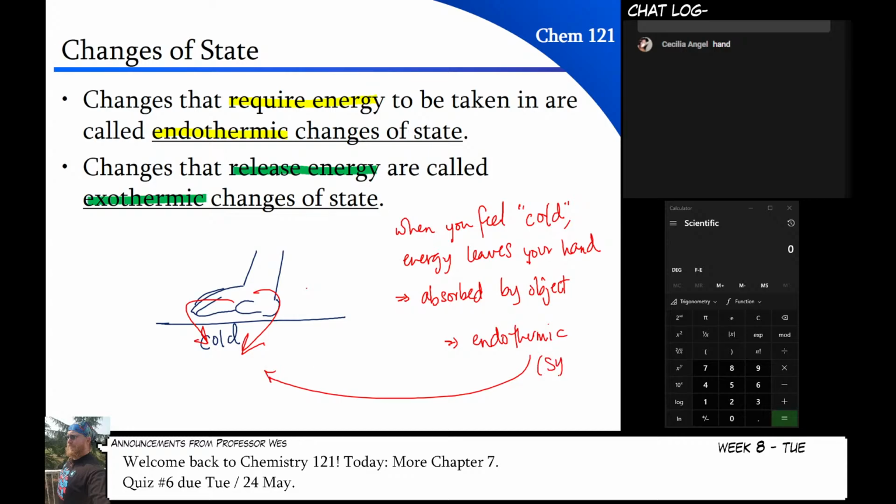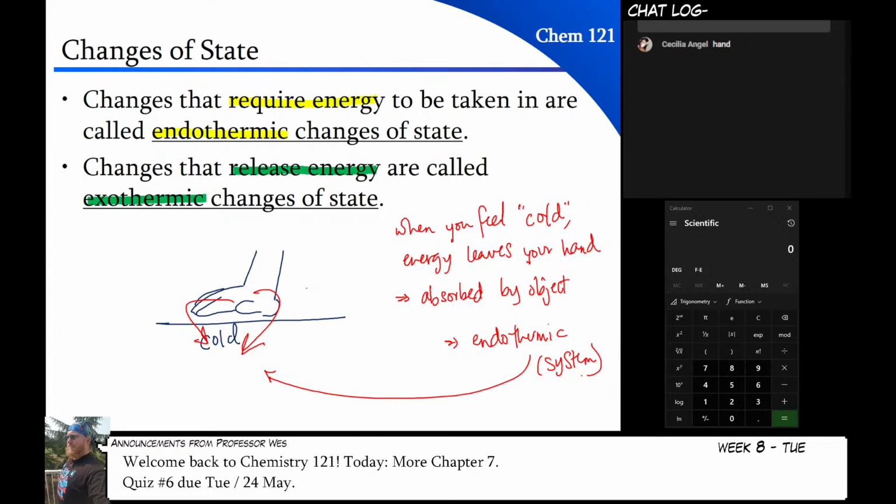And again, this is relative to the system, which is the object that you are touching. So hot means exothermic: energy is entering your hand, it's leaving the system. Cold means endothermic: energy is leaving your hand and entering the system.